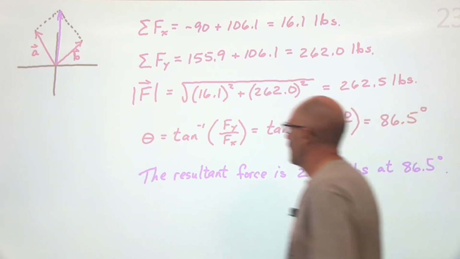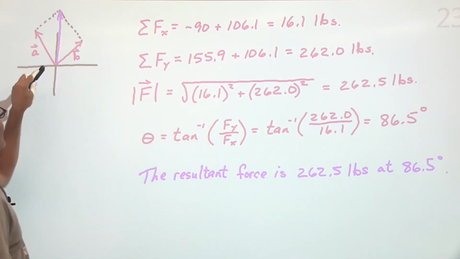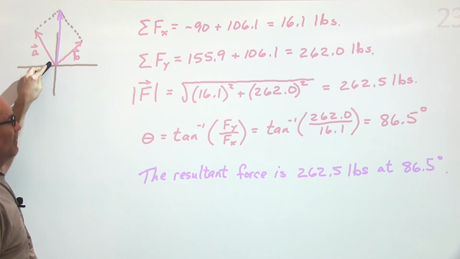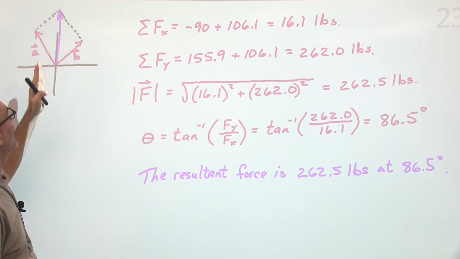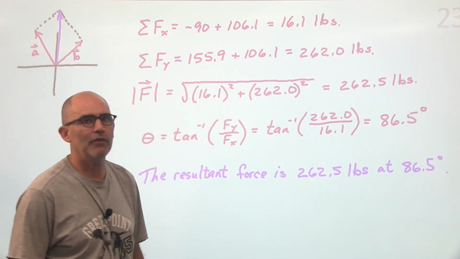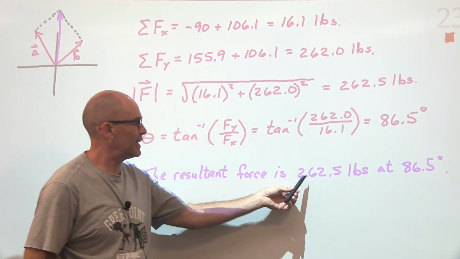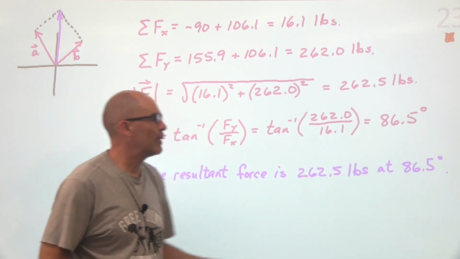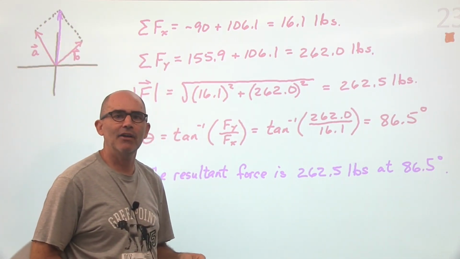So my resultant force in purple here is the diagonal of the parallelogram. The resultant force is going to be 262.5 pounds at 86.5 degrees, just slightly to the right of 90 degrees.